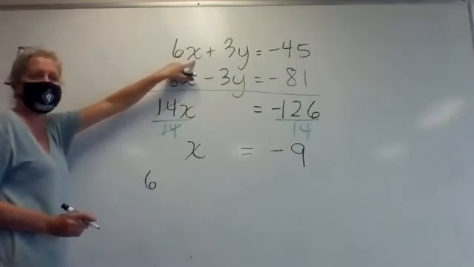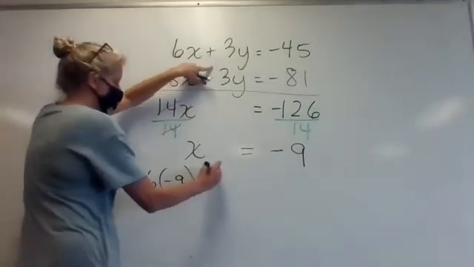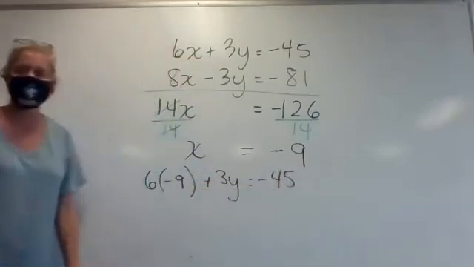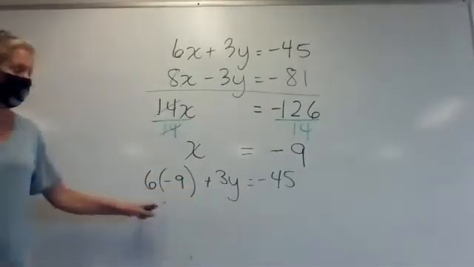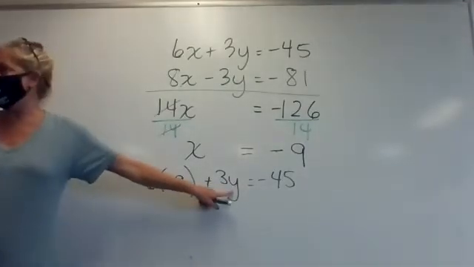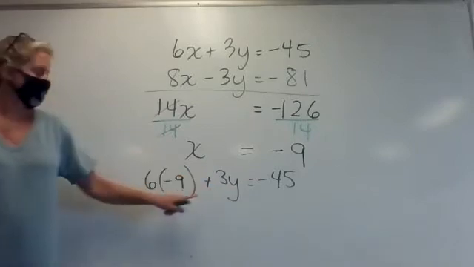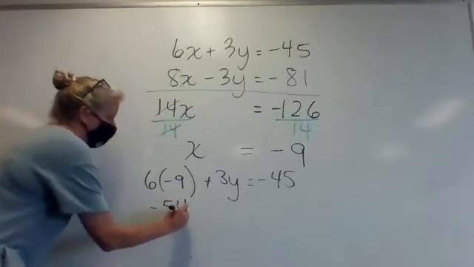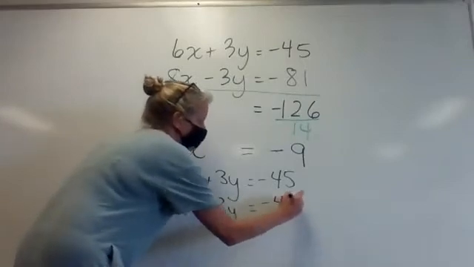Now I know x is negative 9, so I'm going to replace that x with negative 9, plus 3y equals negative 45. Now look at this equation that you have. Again, only 1 unknown variable, which means I can solve for that y now. So just solve it. 6 times negative 9 gives me negative 54. Bring down the plus 3y equals negative 45.